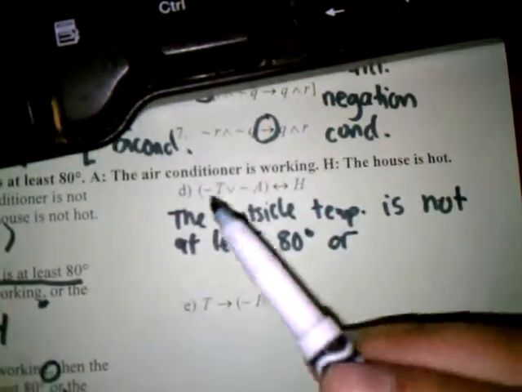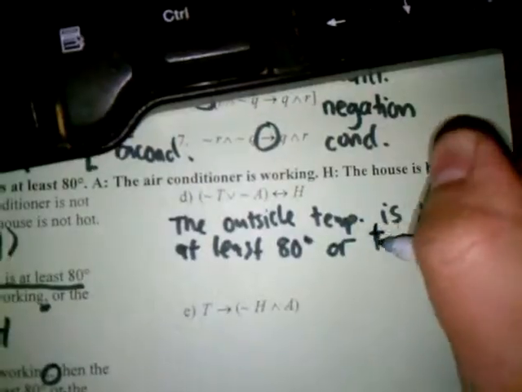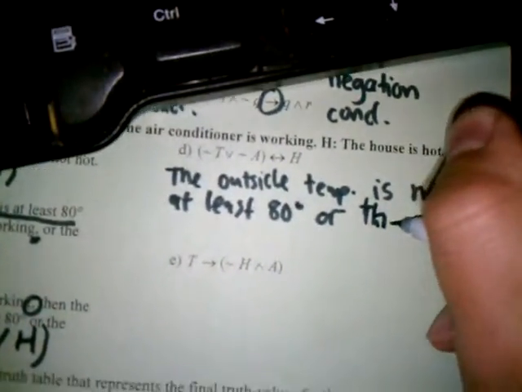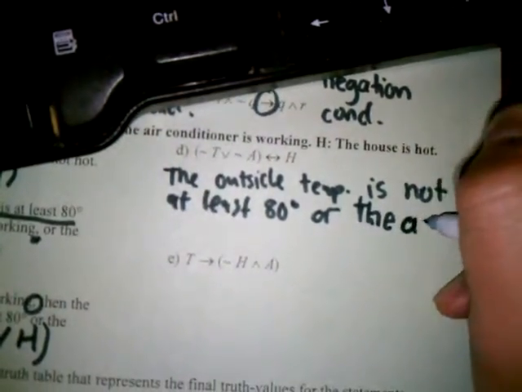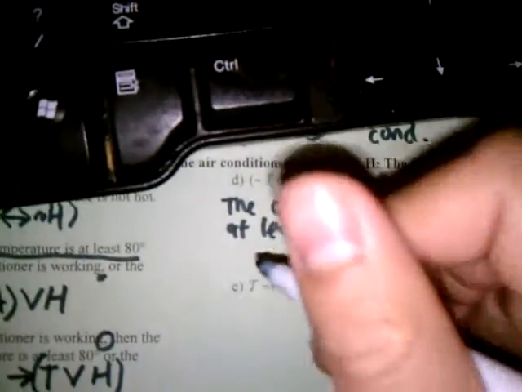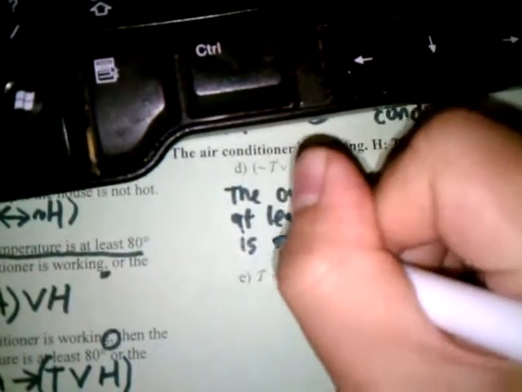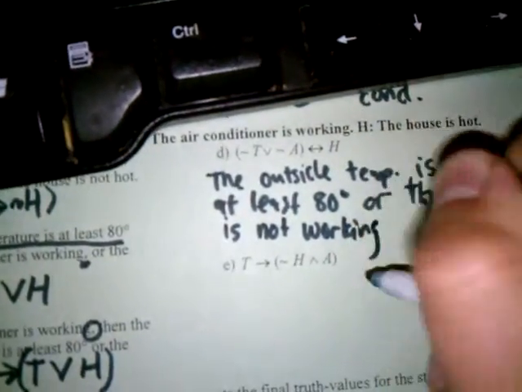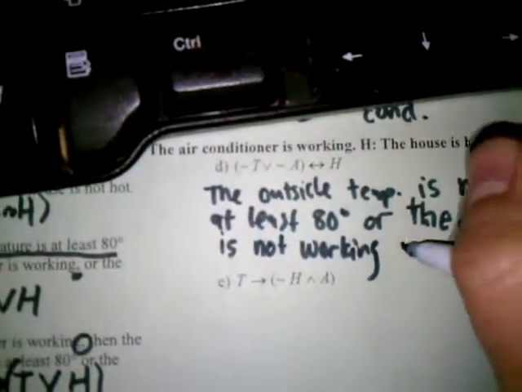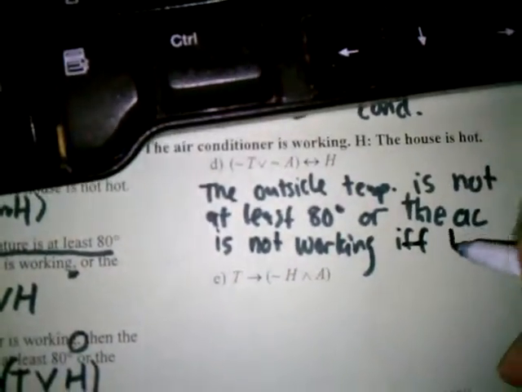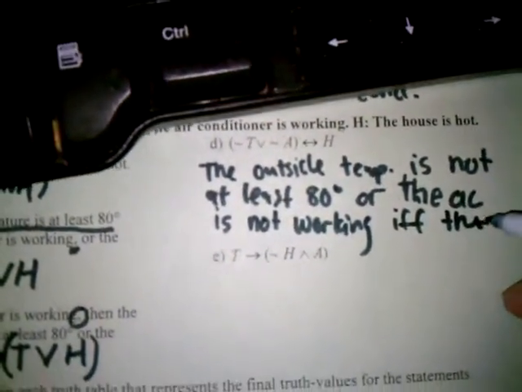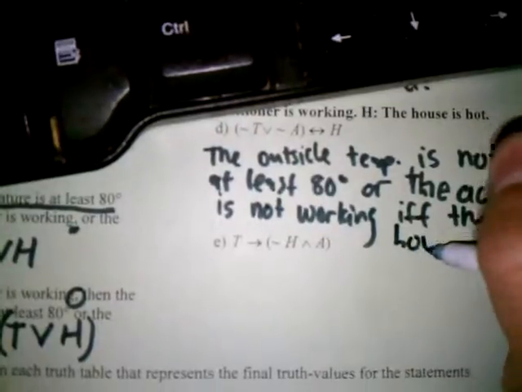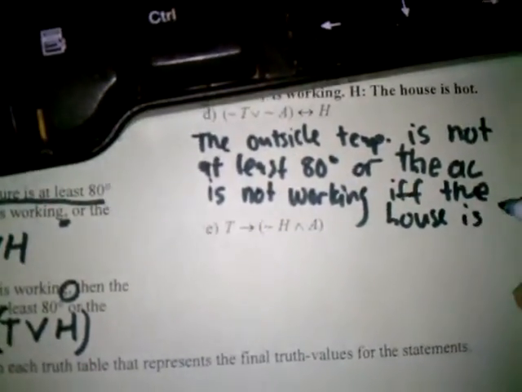Now the capital A is the AC is working, but since we have the negation of it, in this case we say that the air conditioner is not working. The two arrows is symbolized as if and only if the house is hot. So this is how we write this in a full English sentence.